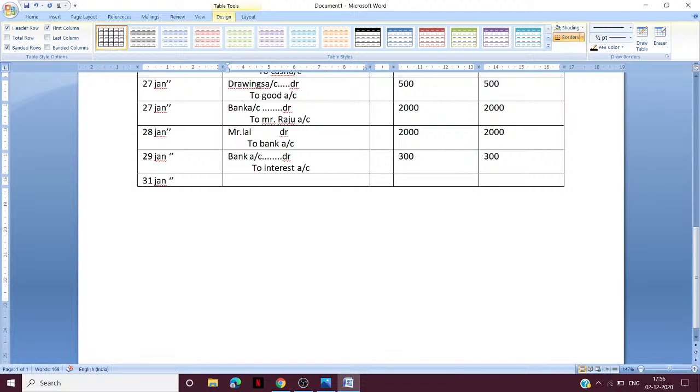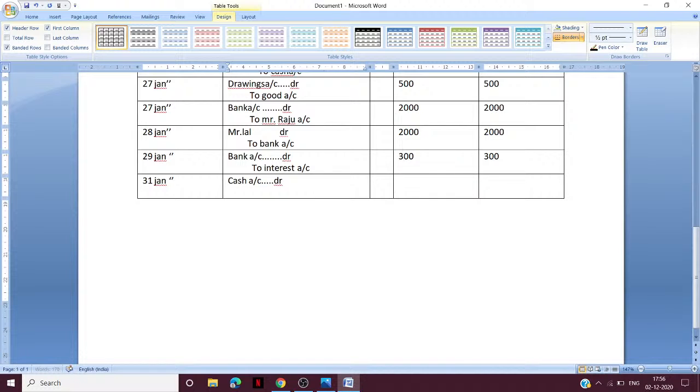Cash account, the transaction will be cash account debit to bank account. This is the transaction.